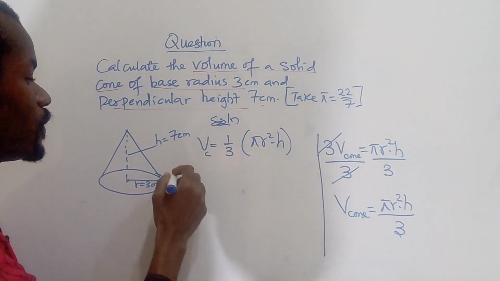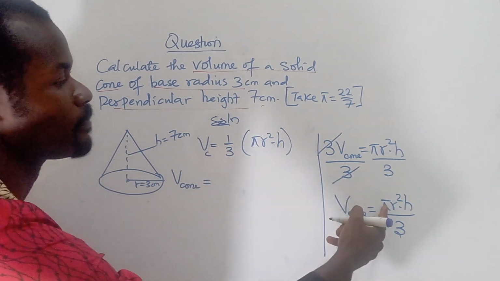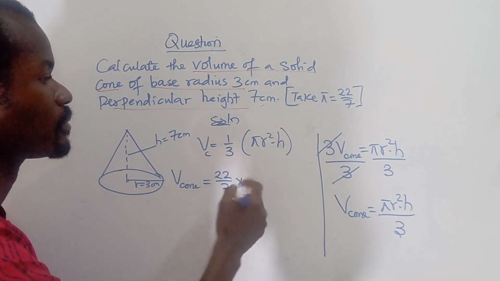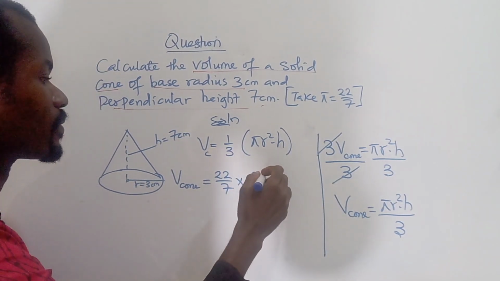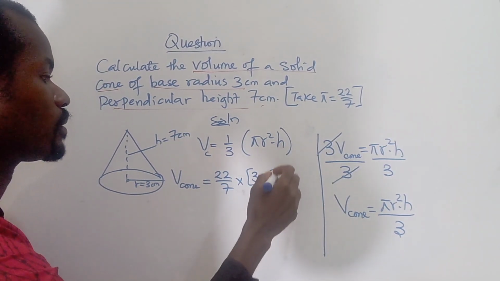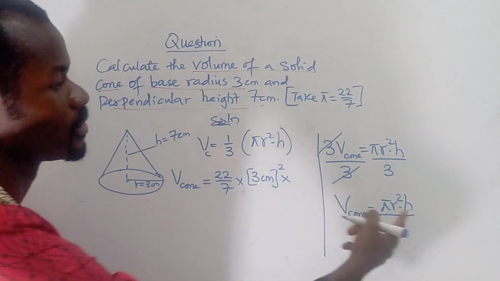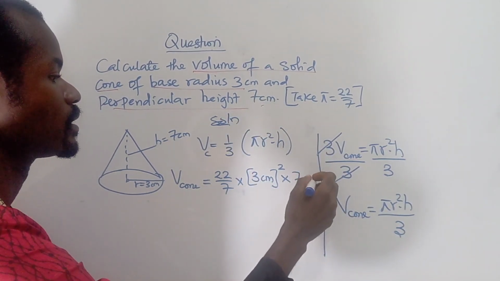So the volume of the cone is going to be, so we have pi was given as 22/7 times our radius, 3 centimeters, all in brackets squared, times our height, which is 7 centimeters.